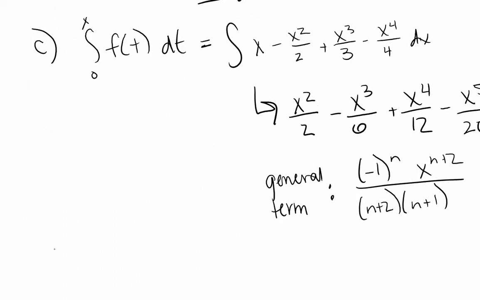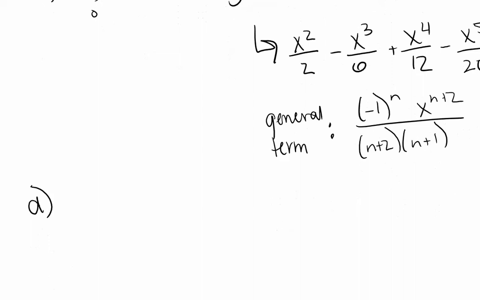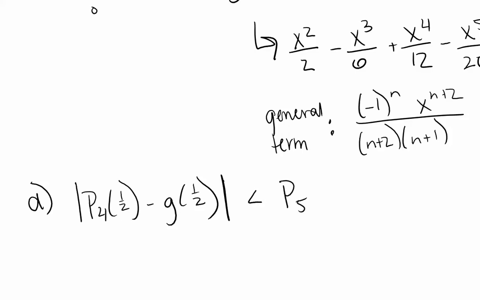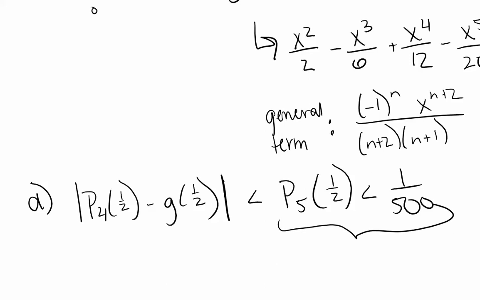So the first thing to do is to remember that we're proving this for P4 of 1/2 minus g of 1/2. And by the alternating series error bound, we know that that error is going to be less than the next term, so less than P5 of 1/2, and that will be less than 1/500. So we have to try and prove this part right here.